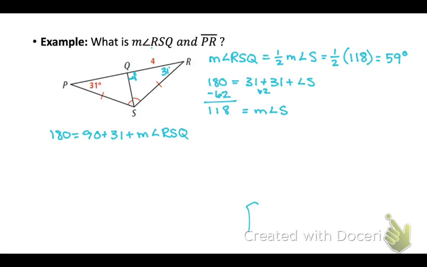Doesn't that equal 180? Yeah. So this is 121, so 180 minus 121, which is 59. 59 degrees. So could I do this either way? Yeah.